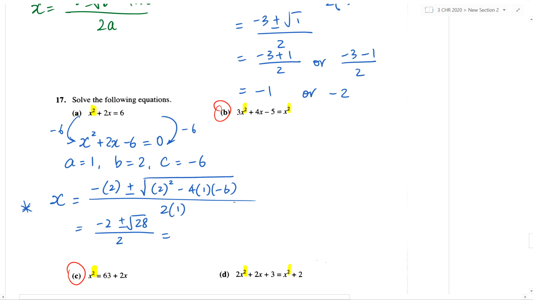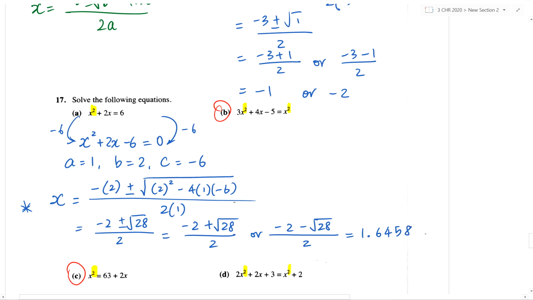Since there is no space, I will continue on the right side. There are two possibilities: minus 2 plus square root 28 over 2, or minus 2 minus root 28 over 2. Using our calculator, our first answer is 1.6458.